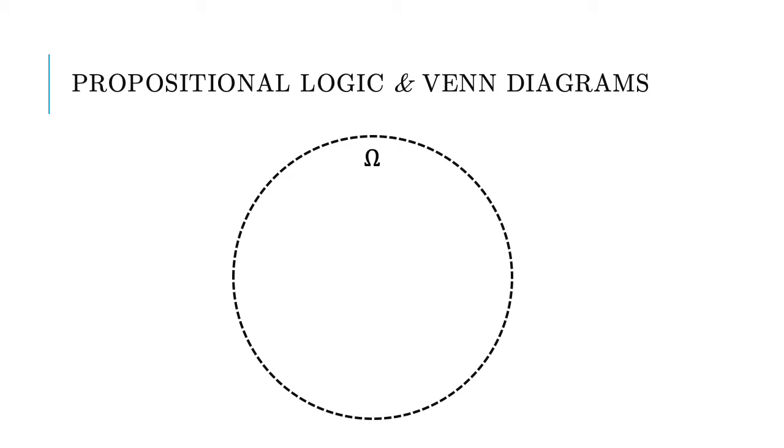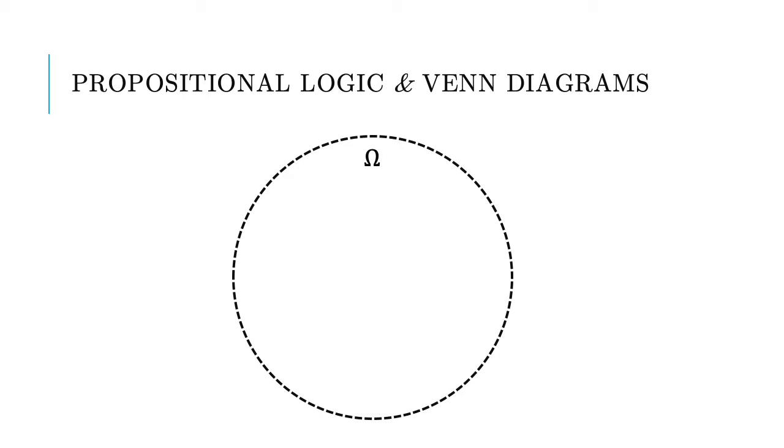Now, it will be helpful for us to pick up another method of visualizing and reasoning about propositions and now events or sets. And we can add this to our body of methods, including truth tables. I want you to imagine first a background set of all possibilities.